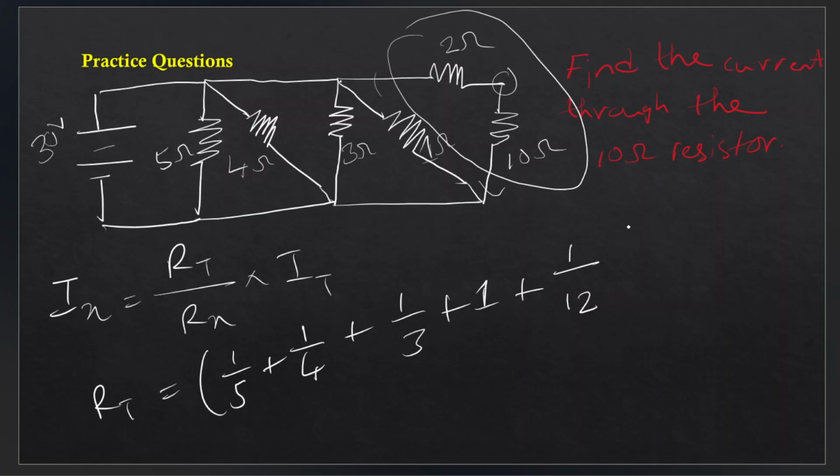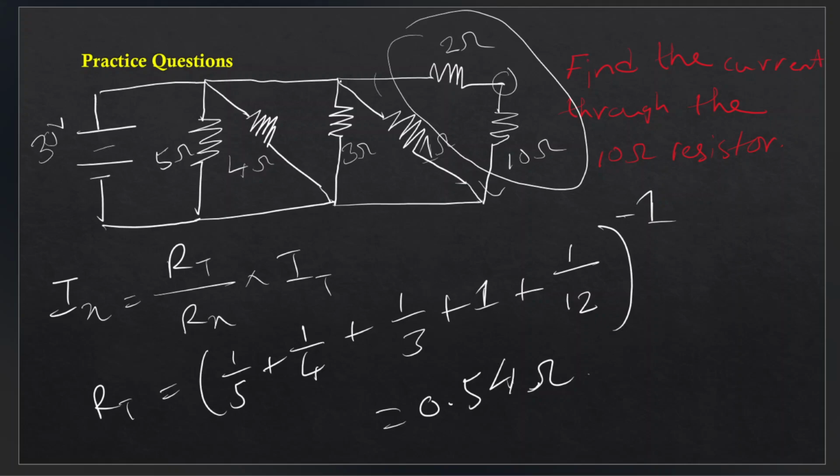So 2 plus 10 in series, to the power minus 1. That equals 1 over 5 plus 1 over 4 plus 1 over 3 plus 1 over 12, to the power minus 1. That is 0.54 ohms.